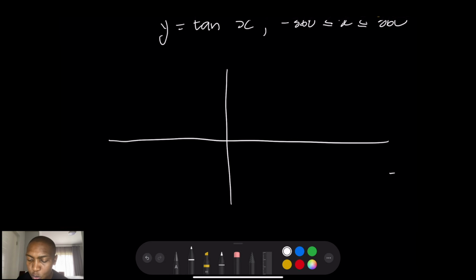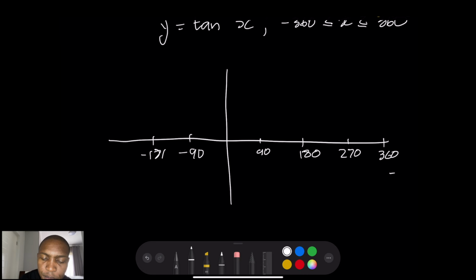So in this case I'm going to start at 90. We'd have 180, 270, and 360 in the x, and of course minus 90, minus 180, minus 270, and minus 360 on the negative side.